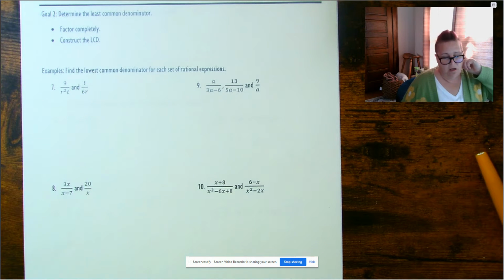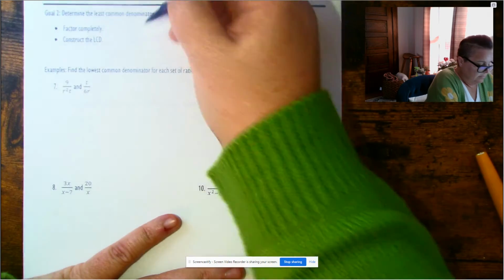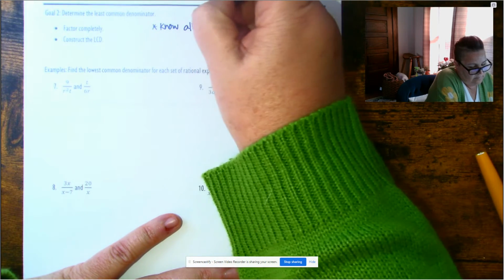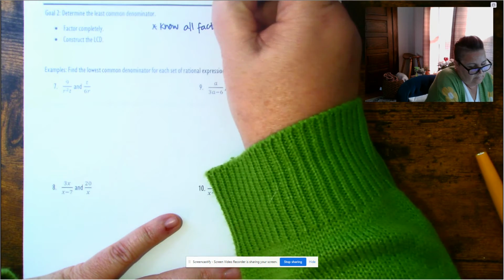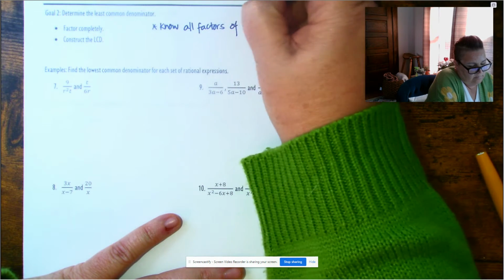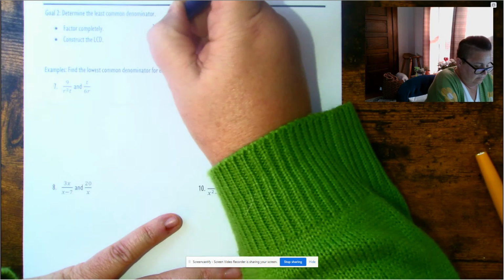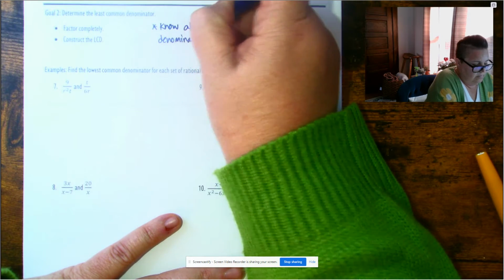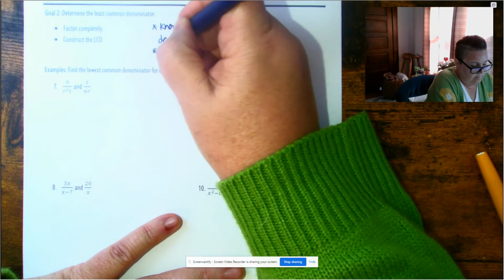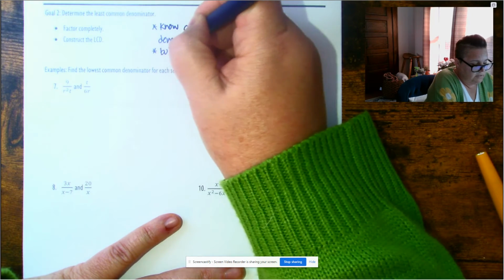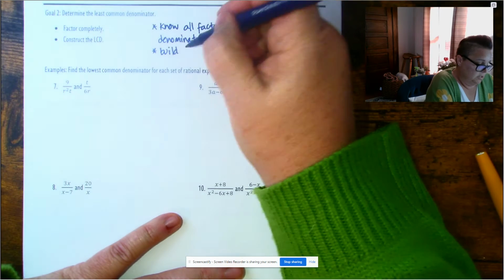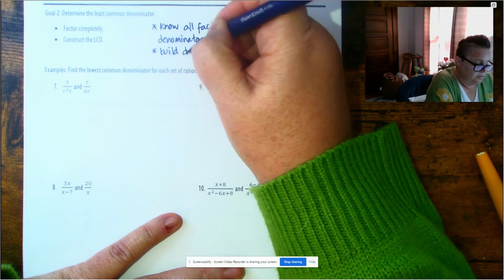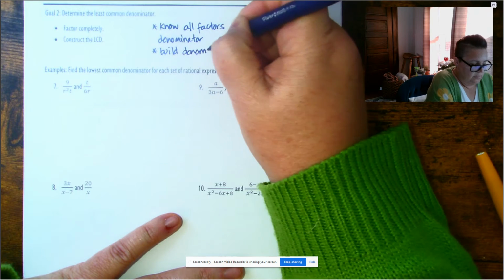We got to know all the factors of the denominator. And we're essentially going to build or create a denominator that includes all factors.